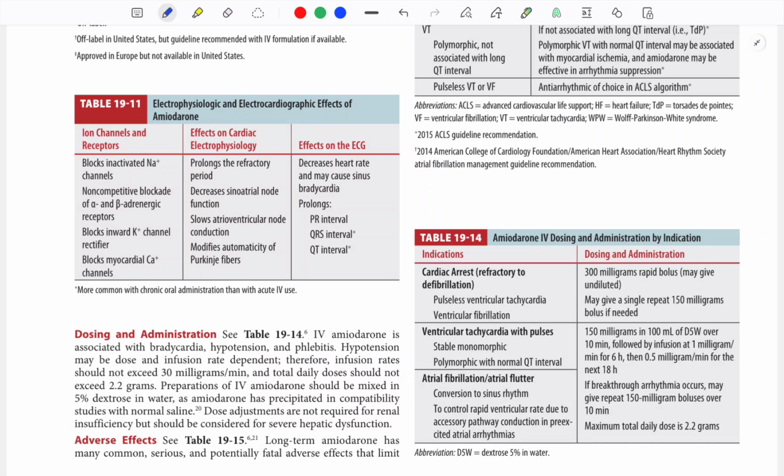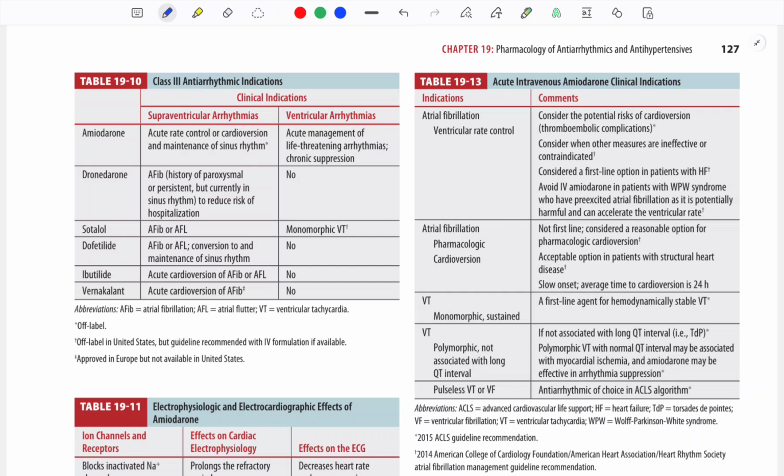So what does it do on ECG? It prolongs the PR interval, prolongs QRS, prolongs QT. Avoid IV amiodarone in patients with WPW syndrome who have pre-excited AF as it is potentially harmful. So avoid amiodarone in WPW.